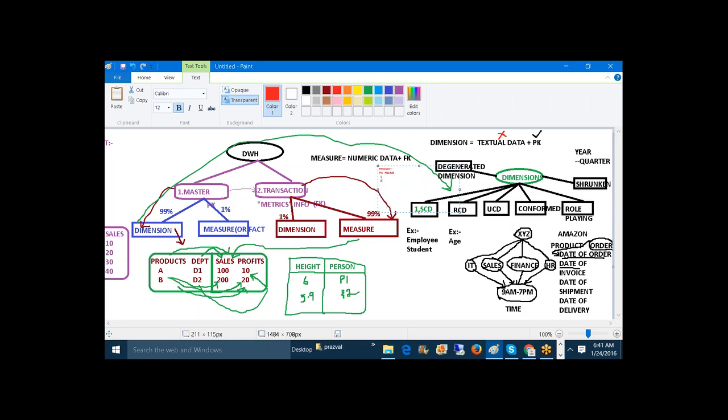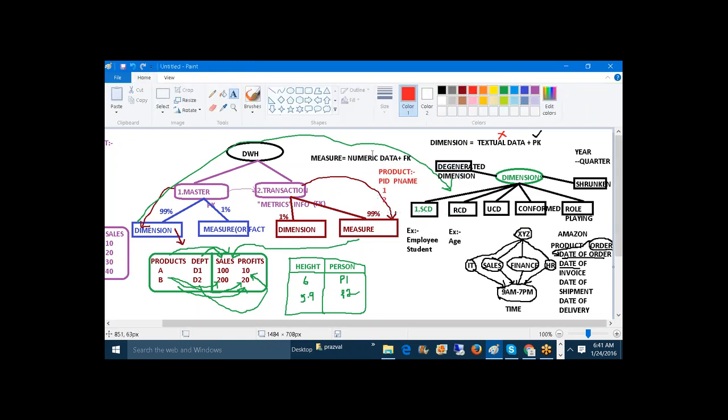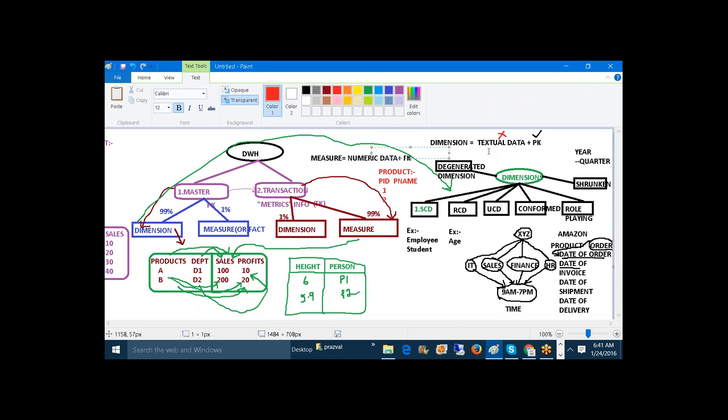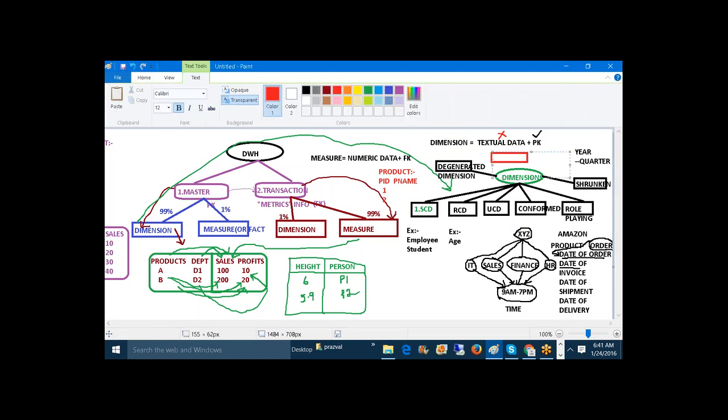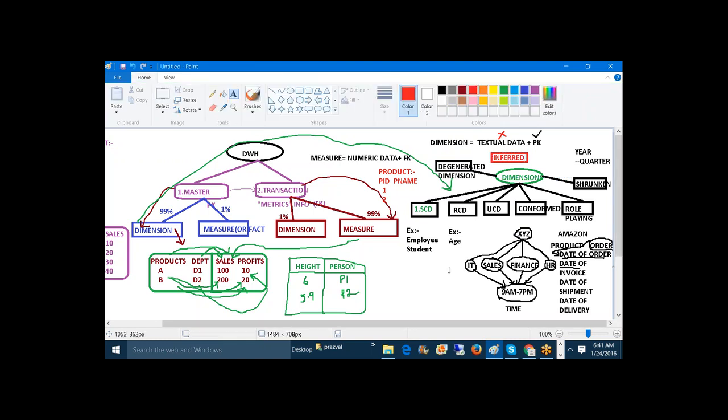Next, the eighth type of dimension is known as inferred dimension. So what are inferred dimensions?